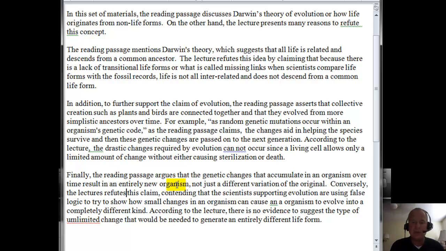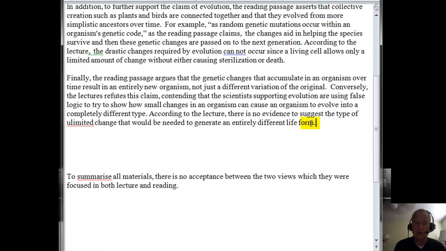Conversely, the lecture refutes this claim, contending that the scientists supporting evolution are using false logic to try to show how small changes in an organism can cause an organism to evolve into a completely different kind or type. According to the lecture, there is no evidence to suggest the type of unlimited change that would be needed to generate an entirely different life form. Okay, we're good. Now let's get to your conclusion.